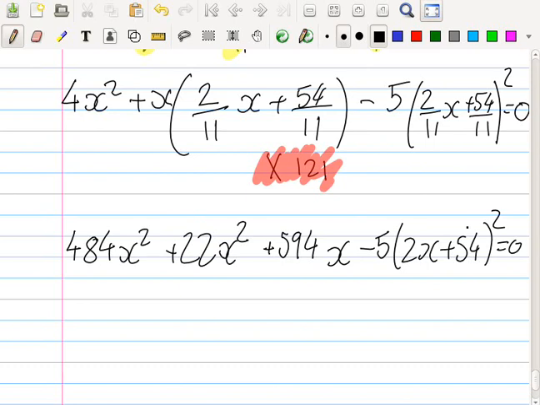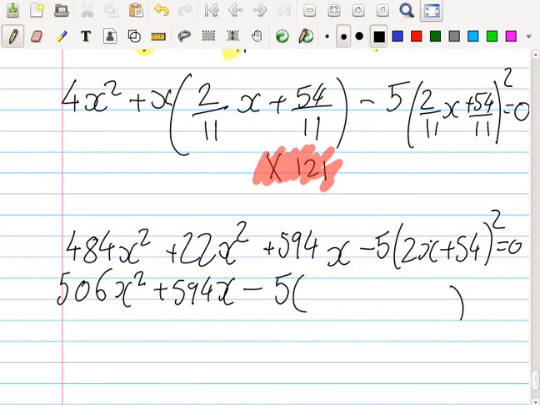Here? No, because it still has to go onto these two. It hasn't finished its job yet. What is it? 506x squared plus 594x minus 5.